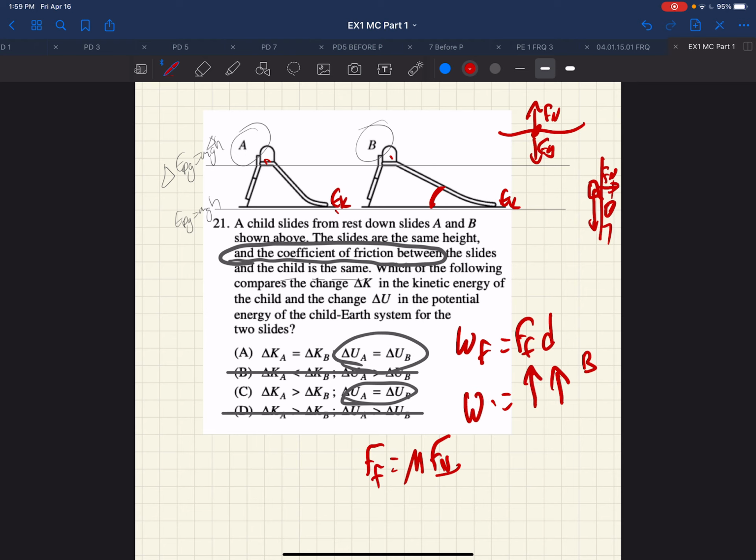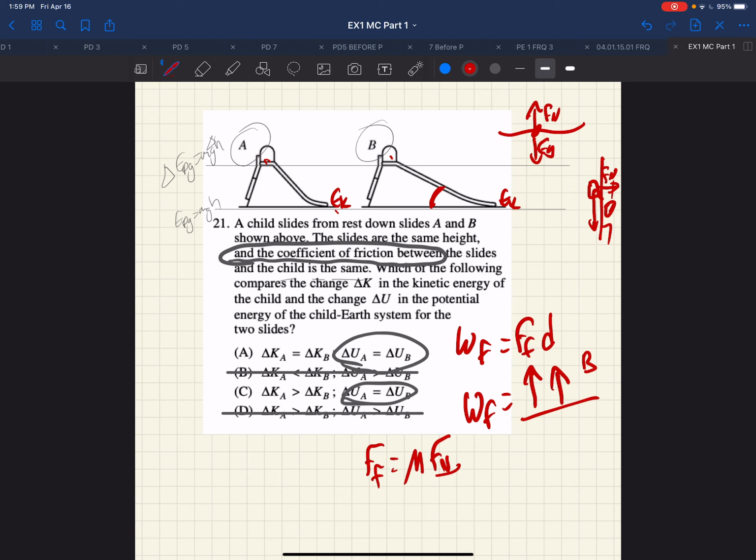So the work done against friction on B is going to be greater, not only because it's a longer distance, but also because there's a greater force of friction due to the greater normal force.